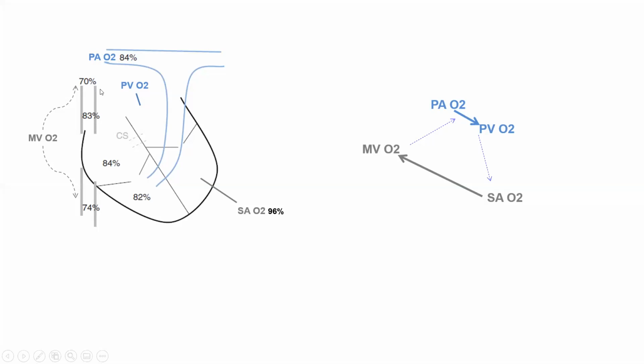Then you look, the step up is at the level of the SVC, between high and low SVC. Most likely this is sinus venosus ASD, okay? Now I'm going to show you how to calculate the QP to QS, okay?